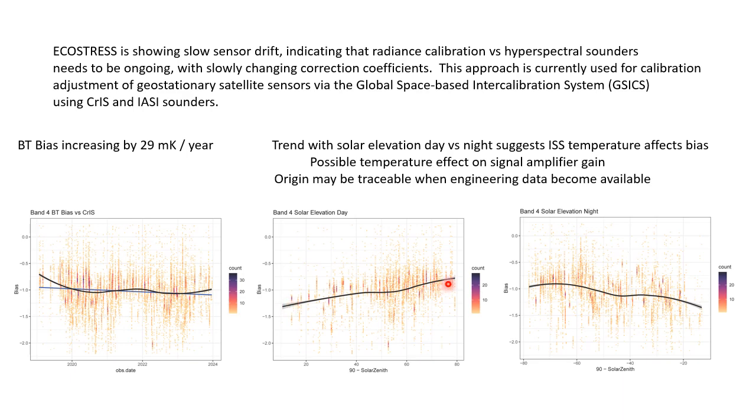So that suggests that there's perhaps some kind of a thermal effect on the space station. As the space station itself and the instrument is heating, the bias seems to be changing. So we may be able to track that down through the engineering data once those data become available.